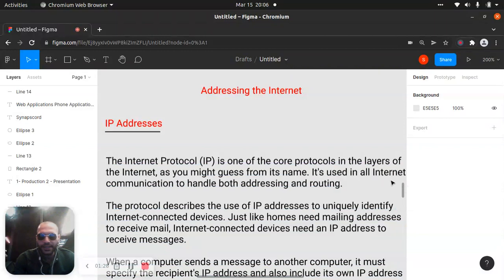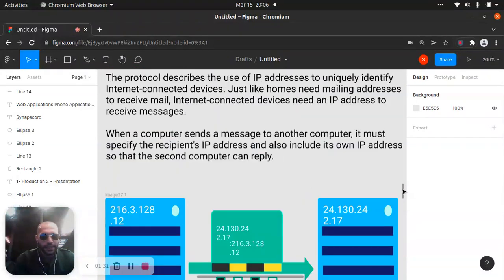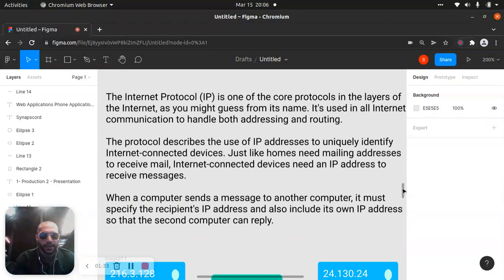Anyway, I will go a little slow. The protocol describes the use of IP addresses to uniquely identify internet connected devices. Just like homes need mailing addresses to receive mail, internet connected devices need an IP address to receive messages.